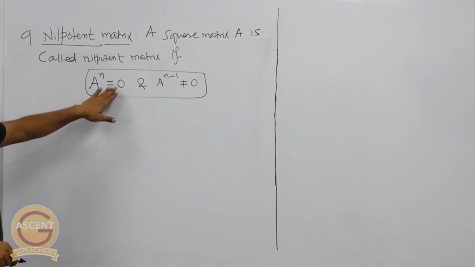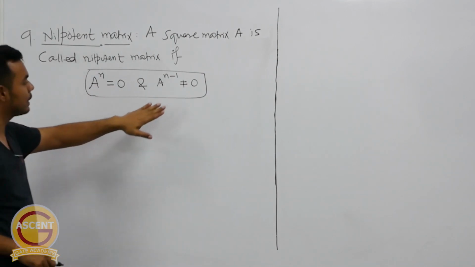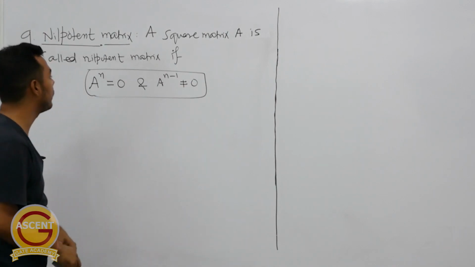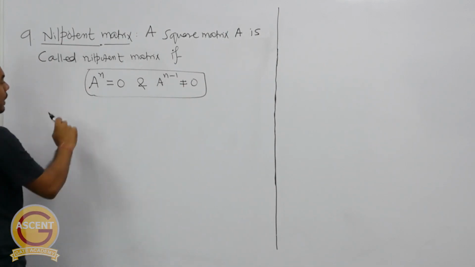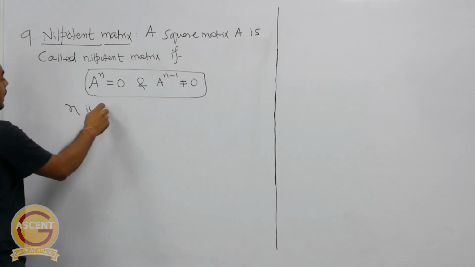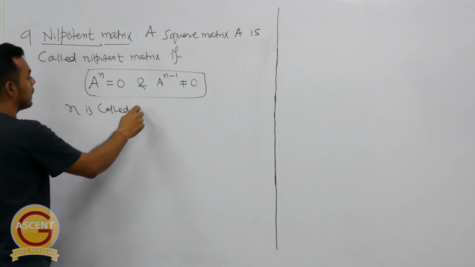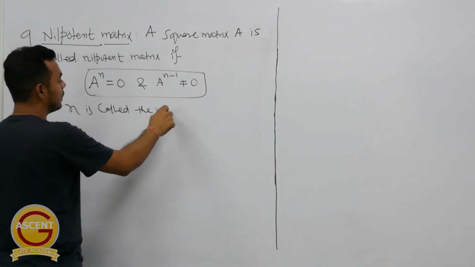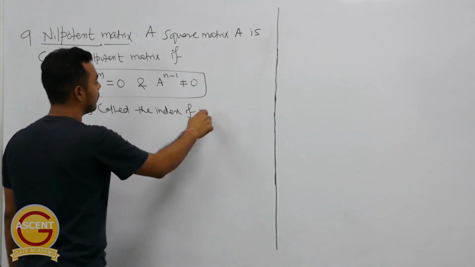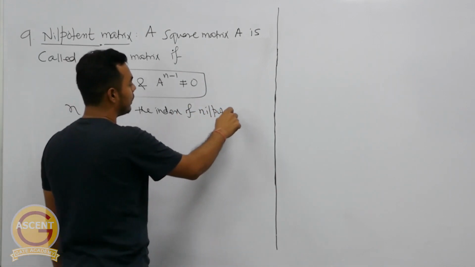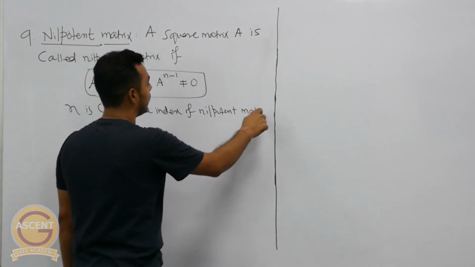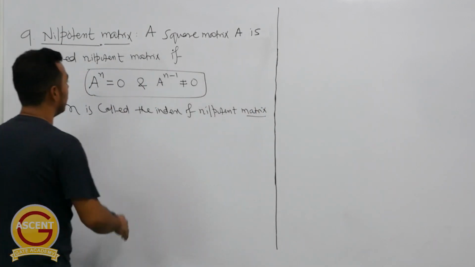If A to the power n is a null matrix and A to the power n minus 1 is not a null matrix, then matrix A is called a nilpotent matrix and n is called the index of the nilpotent matrix. It is important to define the index in this manner.